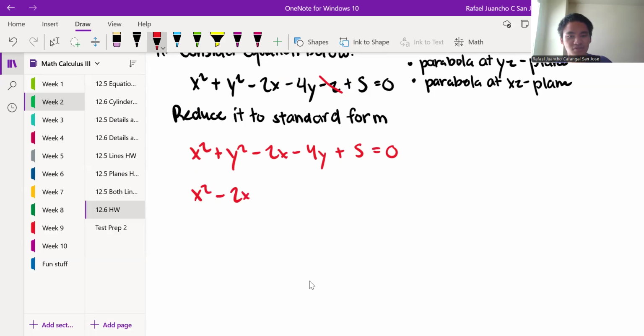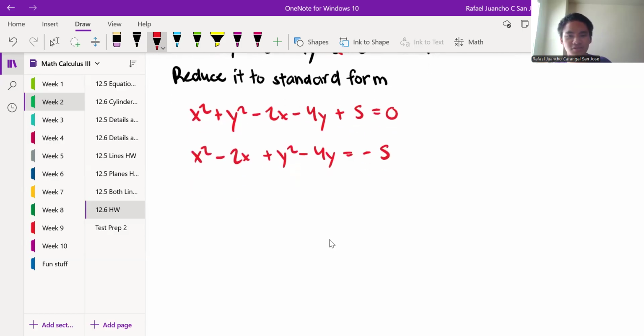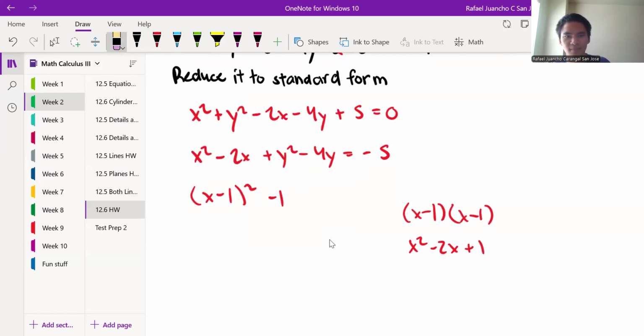So I can put them here side by side, but maybe put the -5 on the other side. Now I can complete the square. So I have x minus b over 2, so -1 squared. What does this give me? I got x squared minus 2x, plus 1. So it's -1.